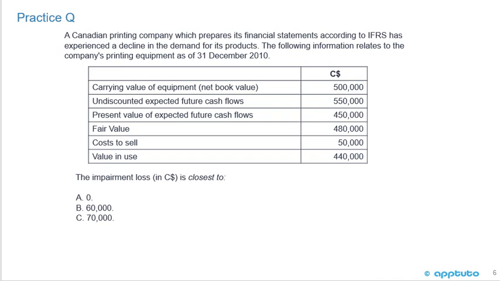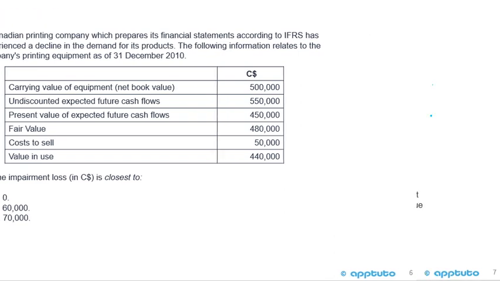The present value of expected future cash flows is $450,000. The fair value is $480,000. The cost to sell is $50,000, and the value in use is $440,000. The impairment loss in Canadian dollars is closest to A, 0, B, 60,000, or C, 70,000.